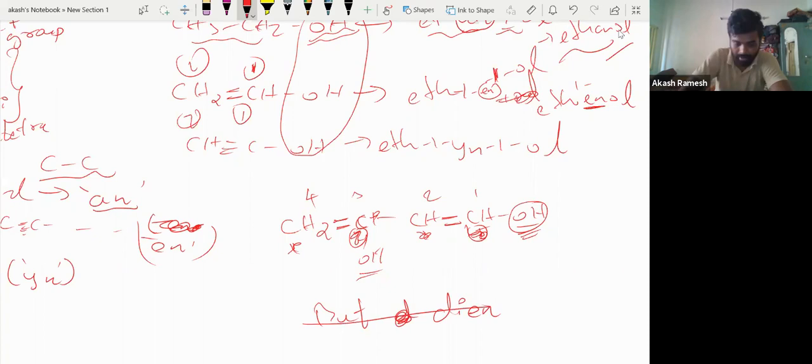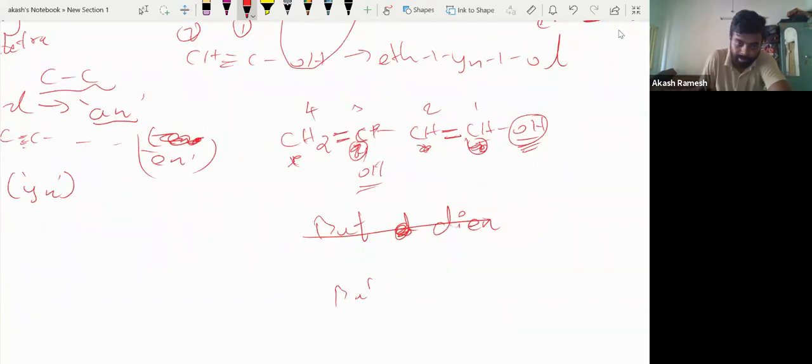Okay, let me write like this: but-diene. Now obviously before you have to specify the number where the double bond is present. In the first position and in the third position you have a double bond, right? You will write but-1,3-diene. Done. This is your secondary suffix.